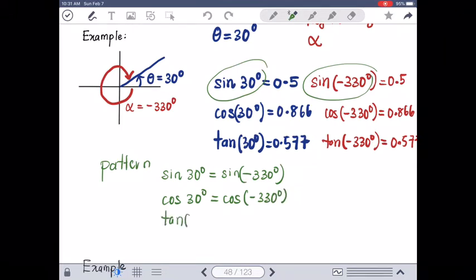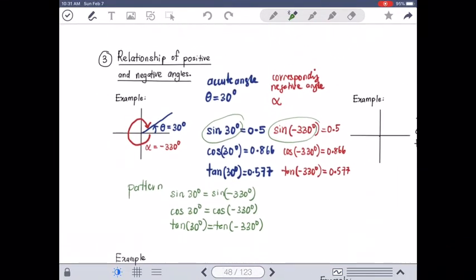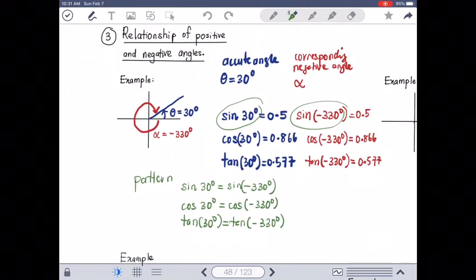Tan 30 degrees is just equals to tan negative 330 degrees. That is from what we observe in this example.